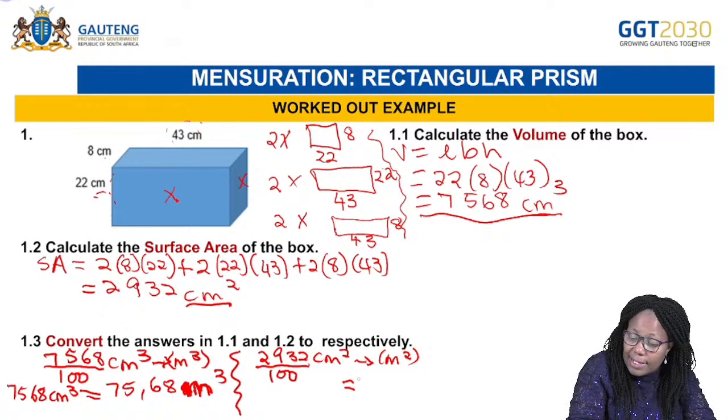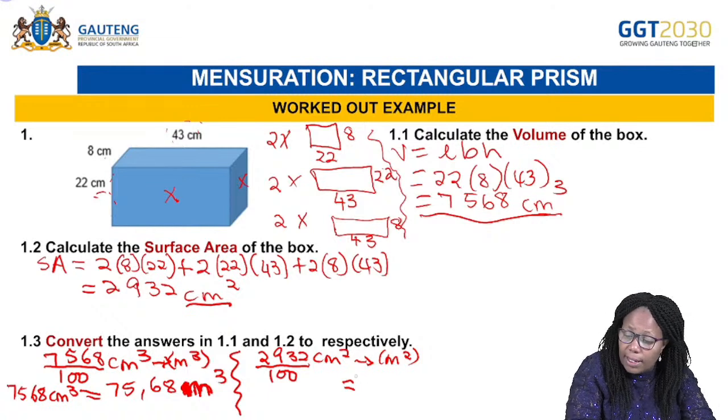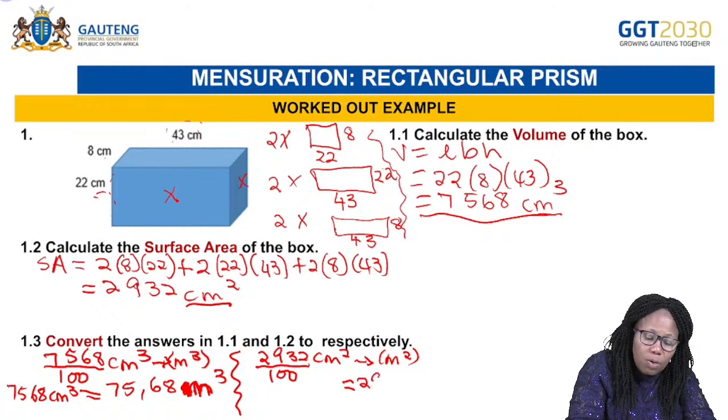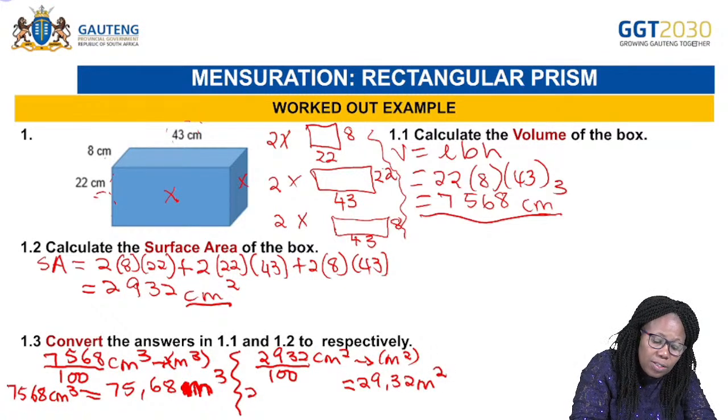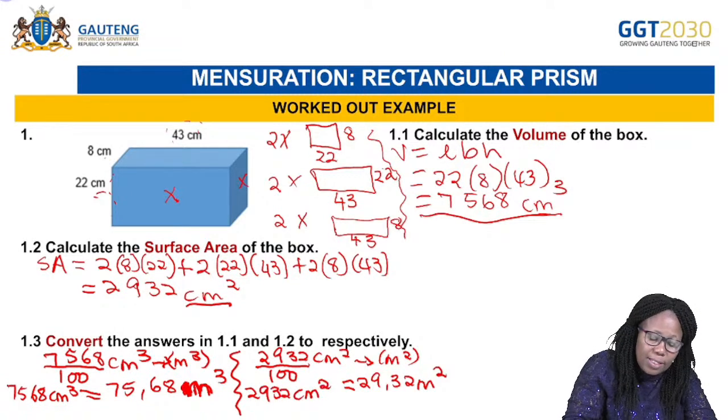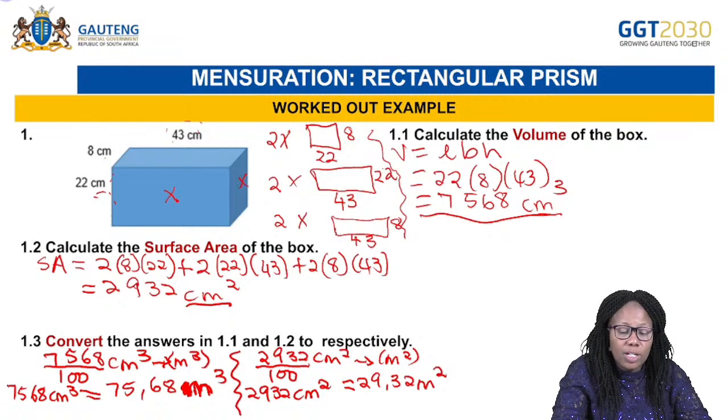This is giving us 0.2932 square meters. That means this square meters is equal to the 2932 what? Square centimeters. They are exactly equal, grade 12. I hope everything is clear now.